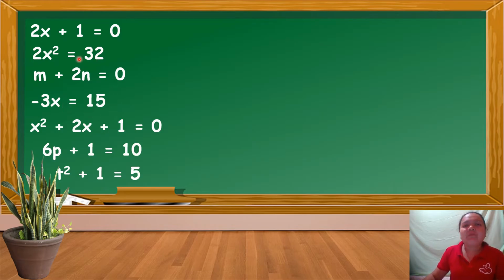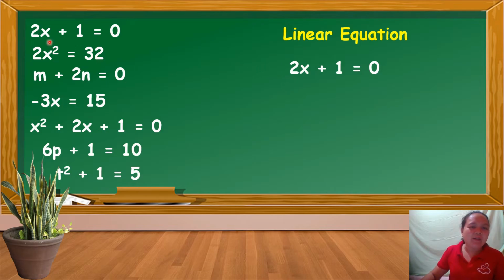I know you already have the idea of what a linear equation is, diba? Because it was discussed when you were still in grade 7 and grade 8. So, which of these equations are considered linear equations? We have 2x plus 1 equals 10, a linear equation. Second, m plus 2n equals 0, a linear equation.